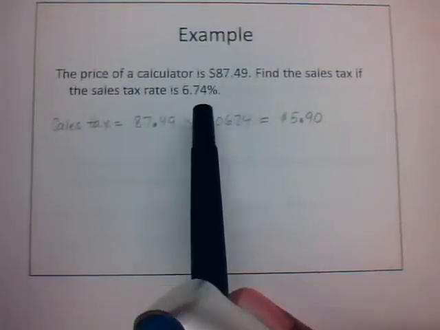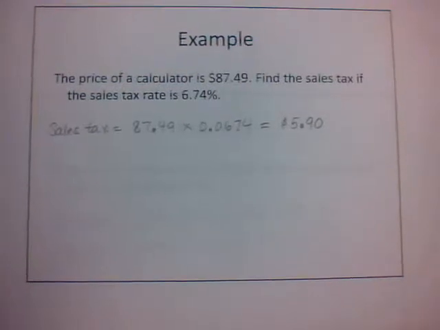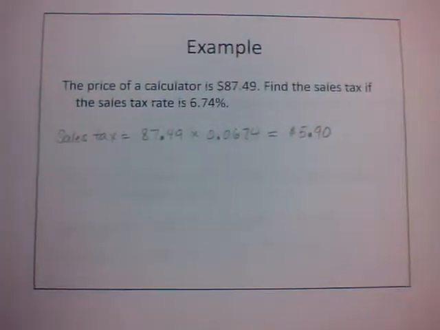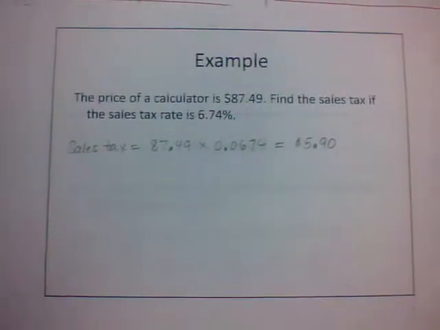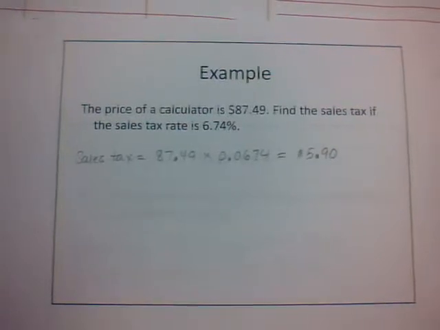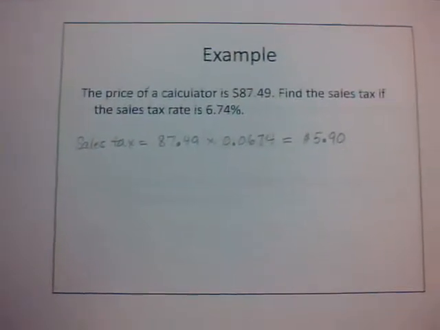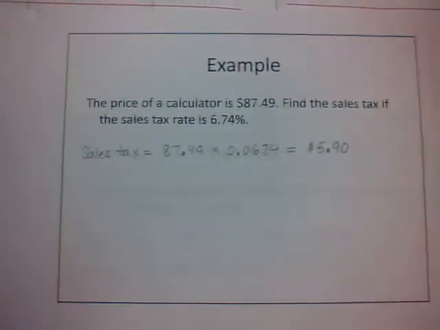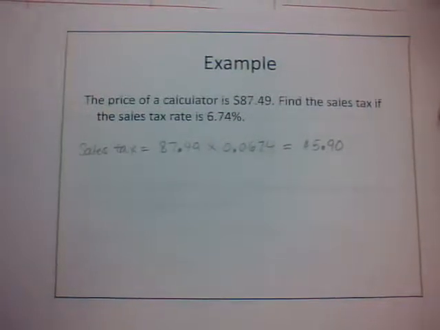We drop the percent sign and move the decimal point 2 places to the left. So 6.74% converts to 0.0674. And that's multiplied by 87.49, which will be to 2 decimal places, since we're dealing with dollars and cents, $5.90. That will be the sales tax for the price of that calculator at $87.49.